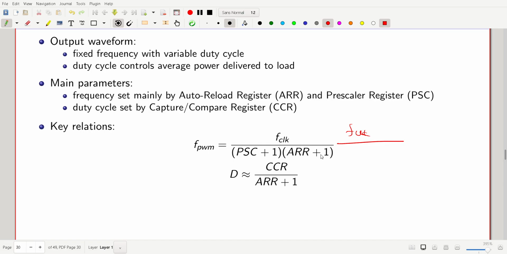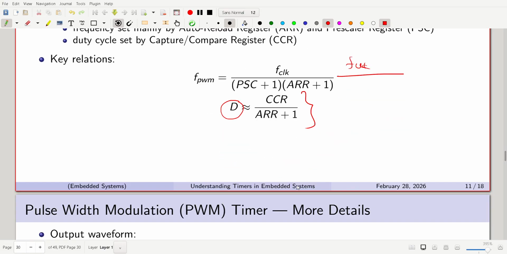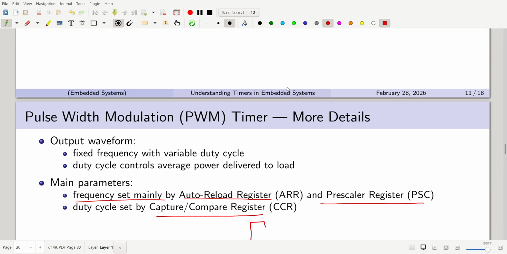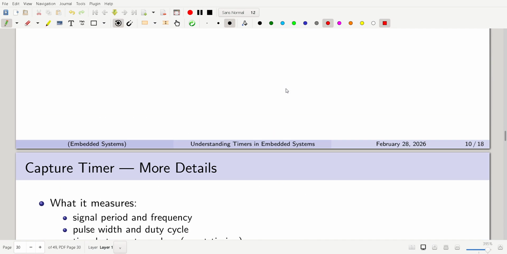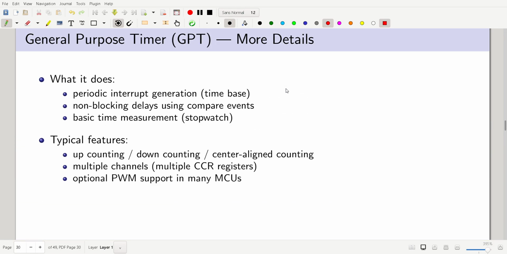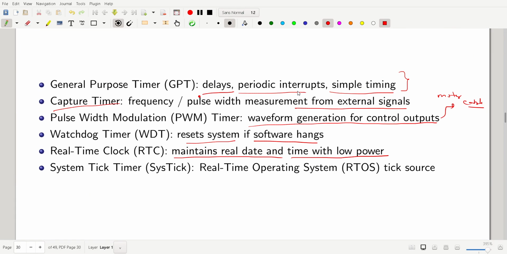The approximate duty ratio is CCR divided by AR plus 1.